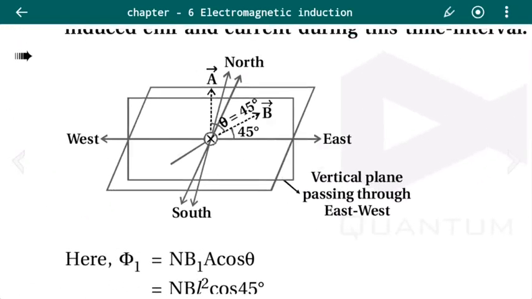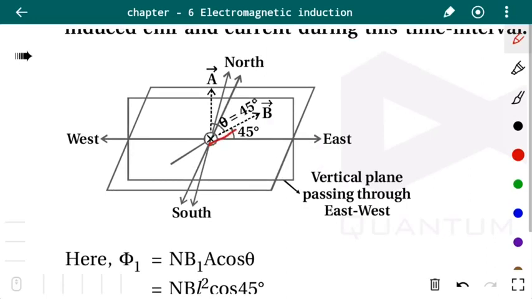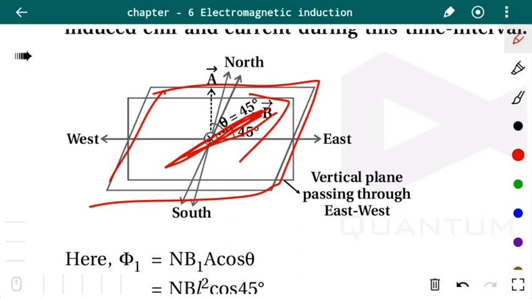This is the northeast direction, and in that direction the magnetic field is set up.